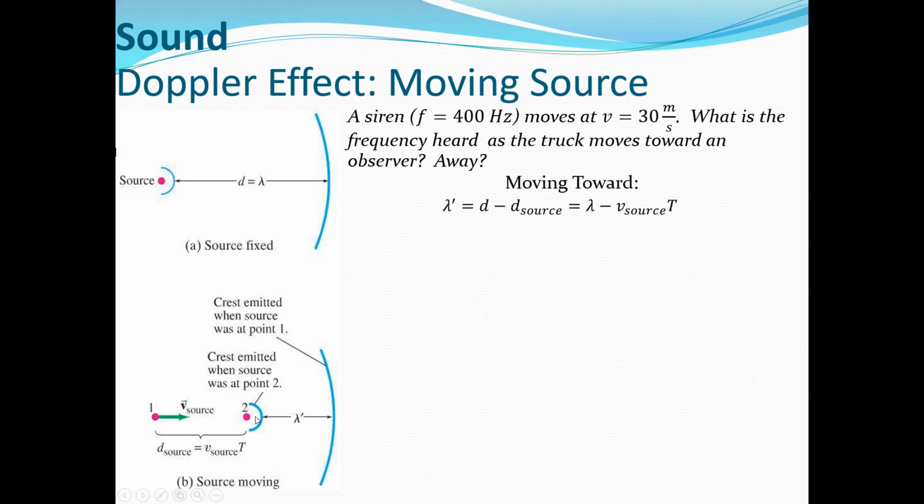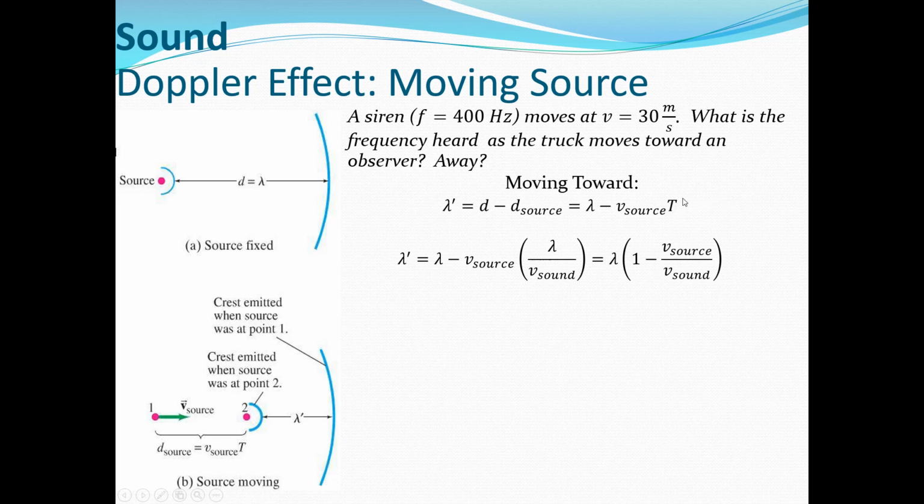So we could say that the observed wavelength is the original wavelength minus the distance that the source moved. We plug in lambda for the original, and the distance the source moves is just speed times time. The time it moved is the time until the next front comes out, so that's just the period of the wave.